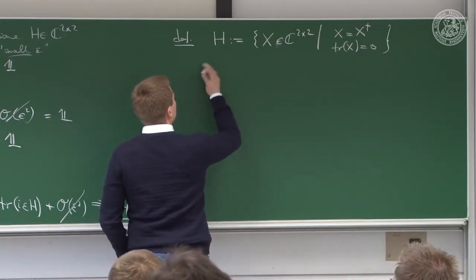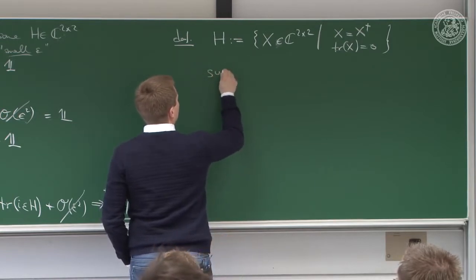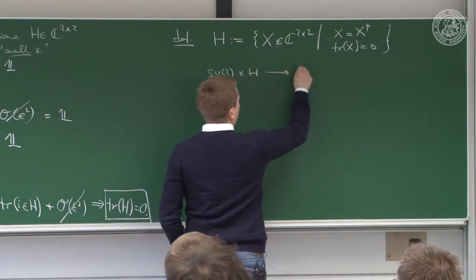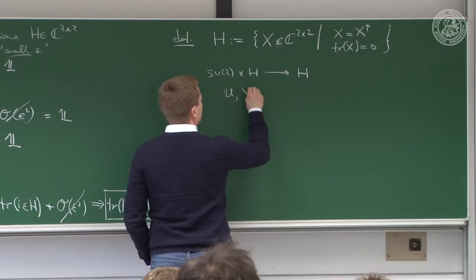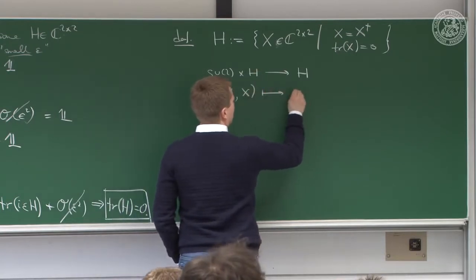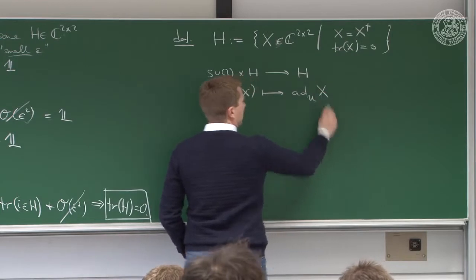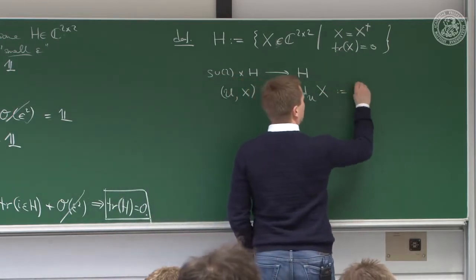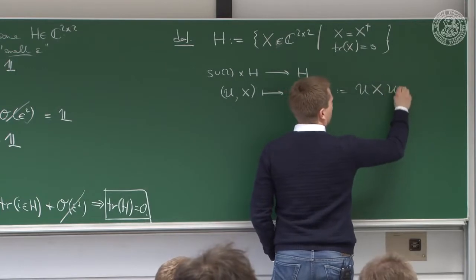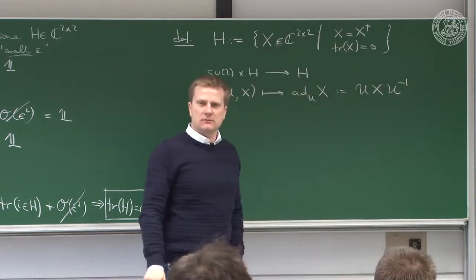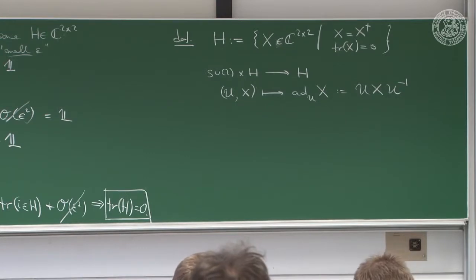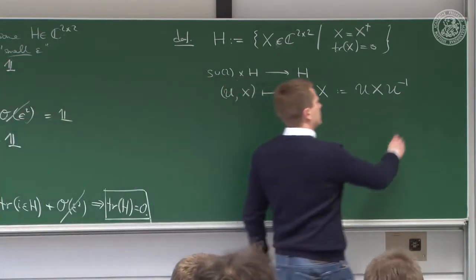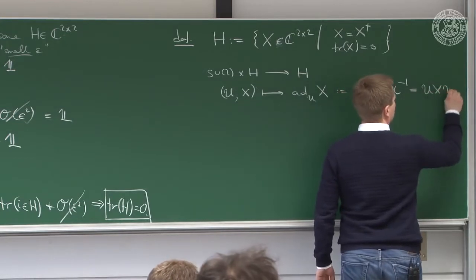Well, we can have an SU2 action, SU2 cross H going into H, by taking a U and taking an element X from H and mapping this to the adjoint action of U on X, which is just UX U inverse. But we see from U dagger being 1 that U dagger is the inverse of U. So in this context, this is UX U dagger.